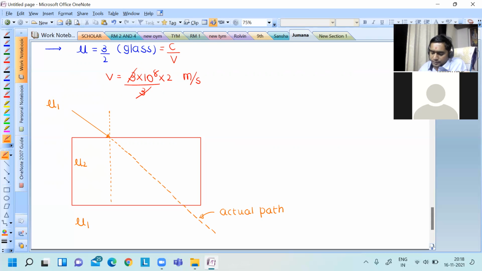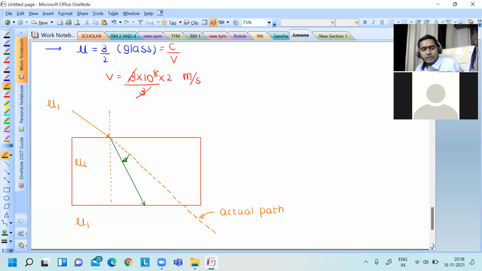Since it's bending towards the normal, it bends that much. This is called bending or deviation. Both have one and the same meaning.